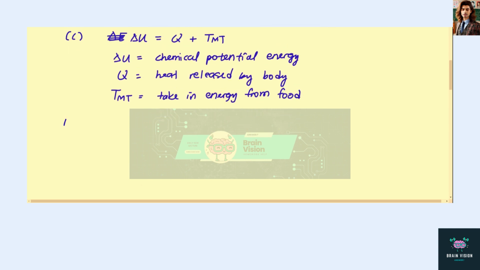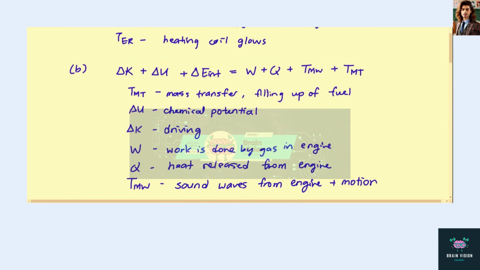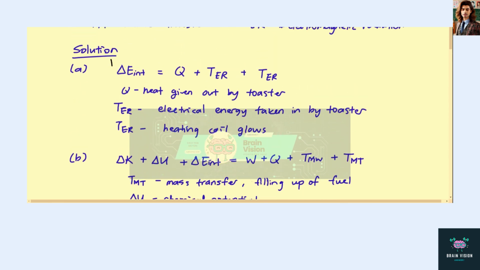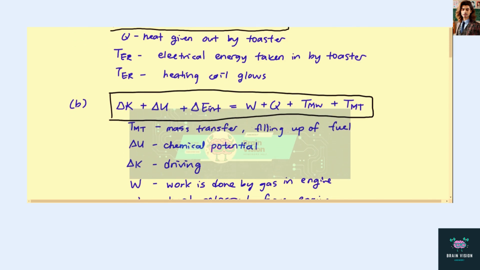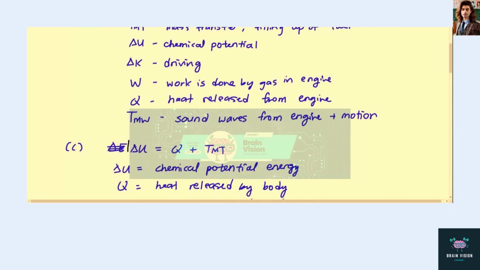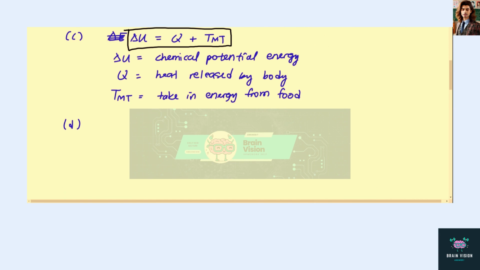In part D, the system is the house, 5 minutes under a sunny afternoon, and the temperature remains constant.